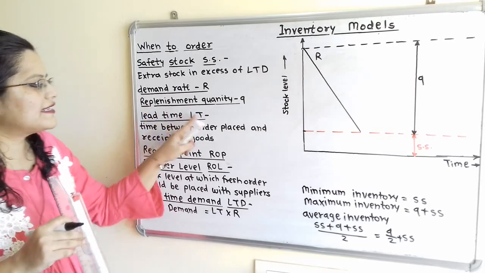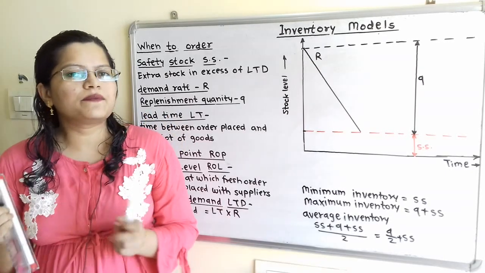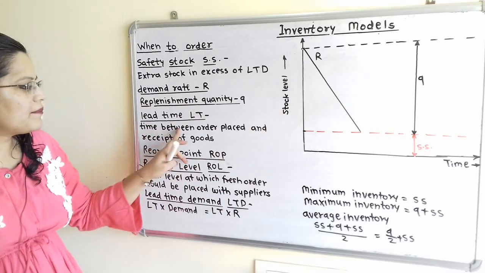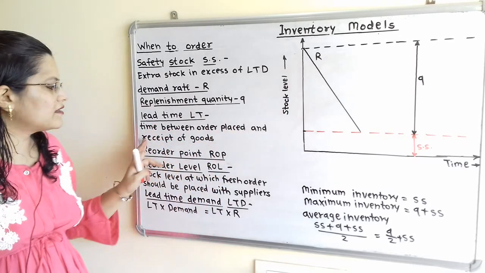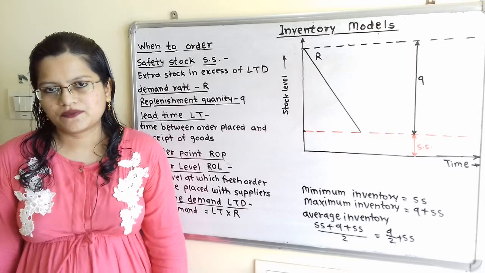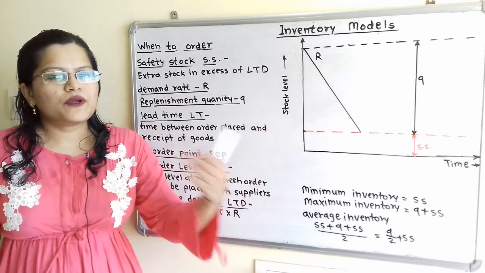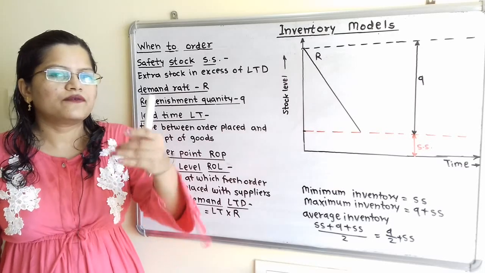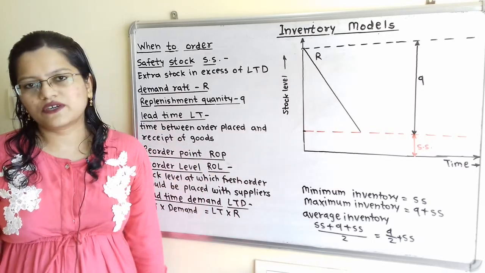Then next is lead time, LT. So what is the meaning of lead time? Lead time is the time between order placed and the receipt of goods. So when we place the order, there is some time gap, and after some time we will get the goods.